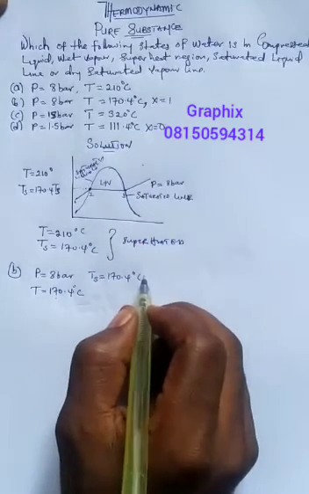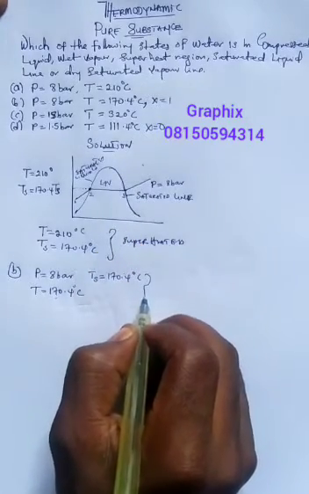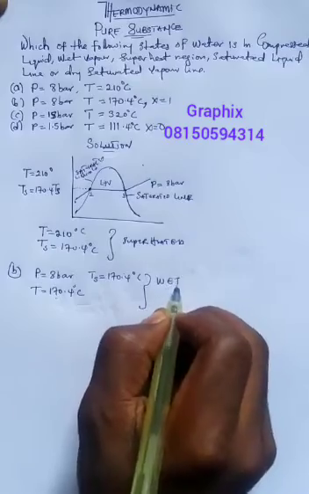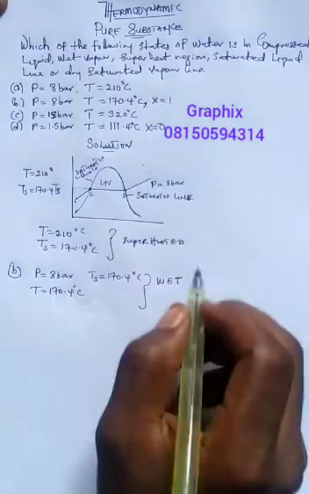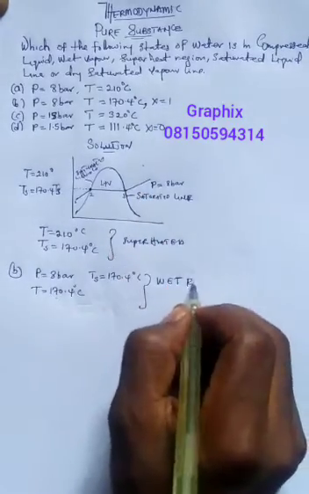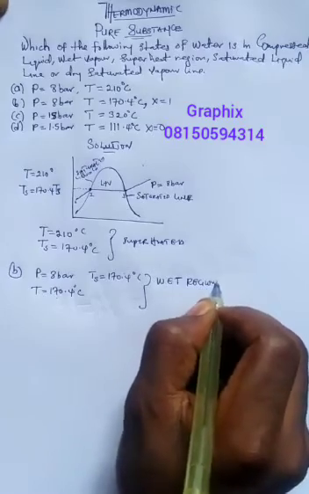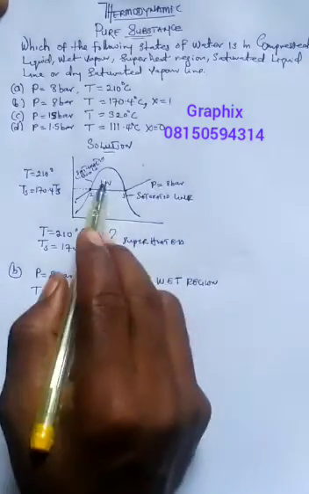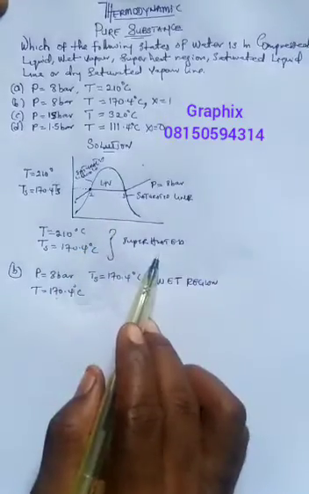So we will say the water is in the wet region, where the liquid and the vapor exist, right?